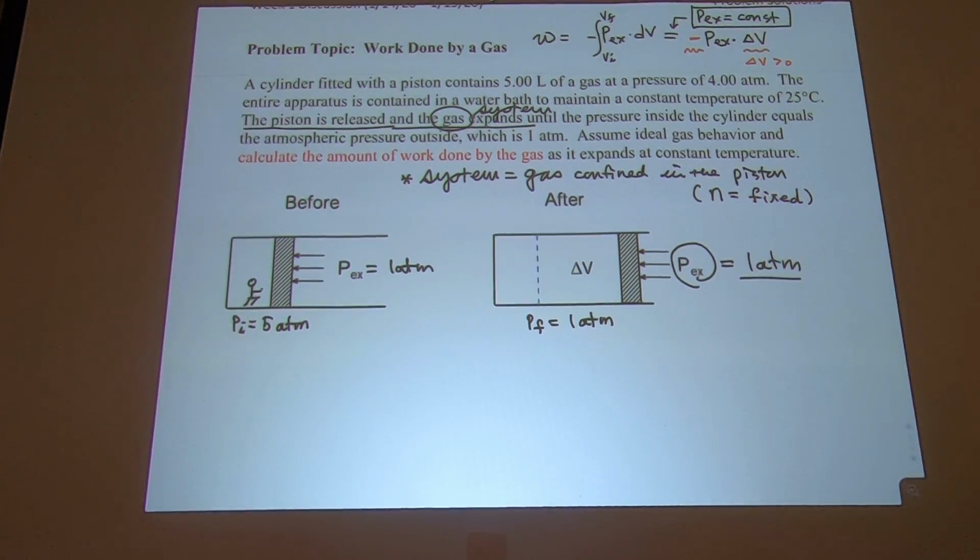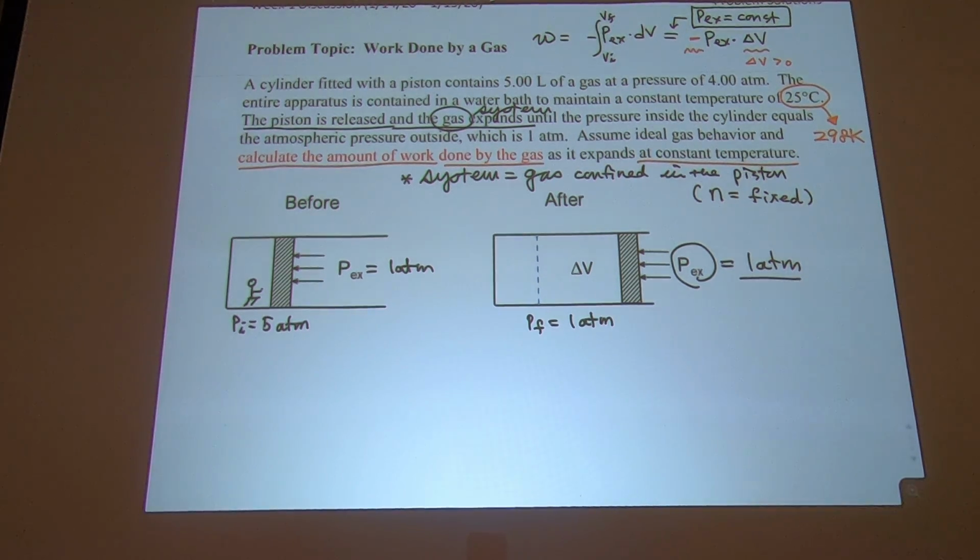So what is the problem asking? Calculate the amount of work done by the gas. They also mention constant temperature at 25 degrees C, and you have to immediately convert that into 298 Kelvin by adding 25 to 273.